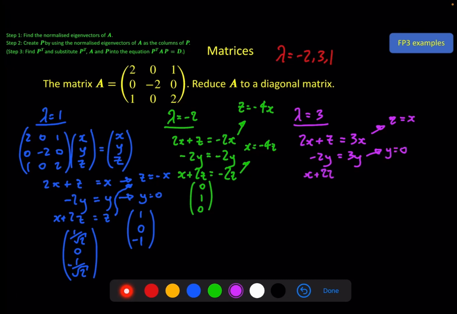And x plus 2z equals 3z. Tells me the same as this one told me. So similar to the first one, y must be 0 and z and x must be related. In this case they must be the same. And the normalized eigenvector here, 1 over root 2, 0, 1 over root 2.